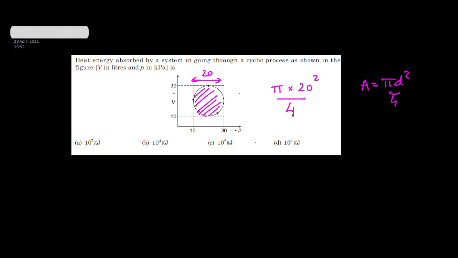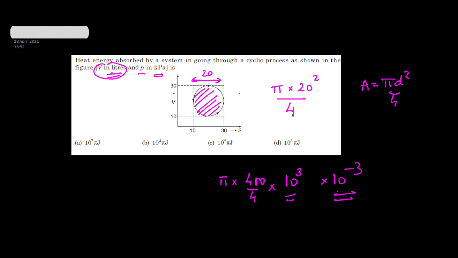So what will the value be? First, pi into 20 square, that is 400 by 4, into. Why am I doing into? Because we need to convert. Pressure is in kilopascal, so we need to multiply by 10 raised to 3.